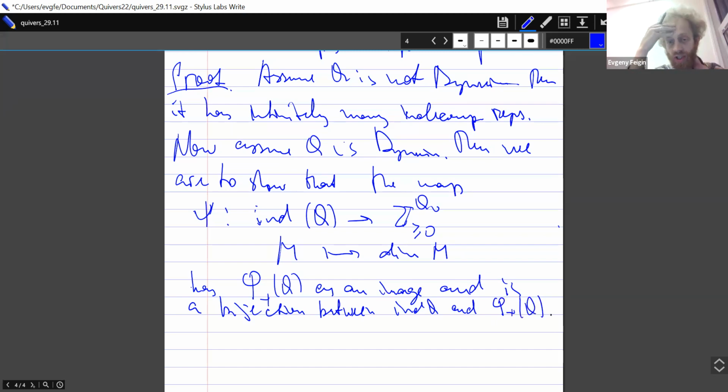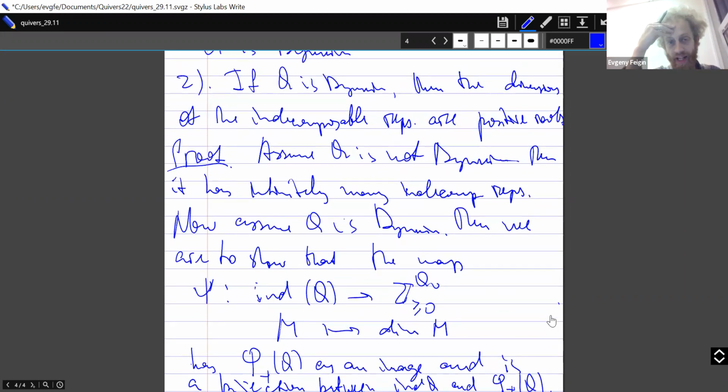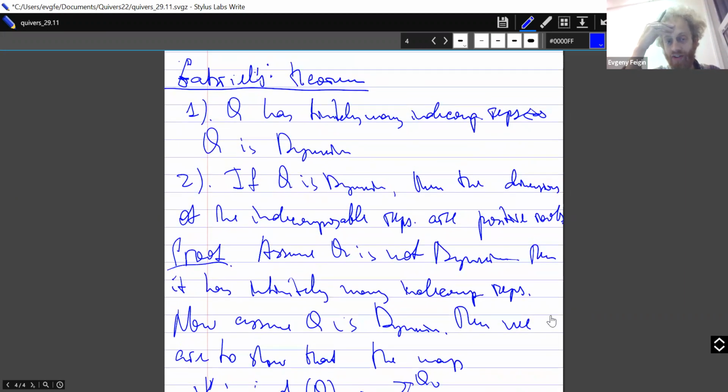Once again, we have the map psi, which just sends any representation to its dimension vector, and then we take only indecomposable representations. The claim is that, first of all, for an indecomposable representation the image is a root, and any root can be obtained in this form. So this would give us the second claim of the theorem. Why does it give us the first claim?